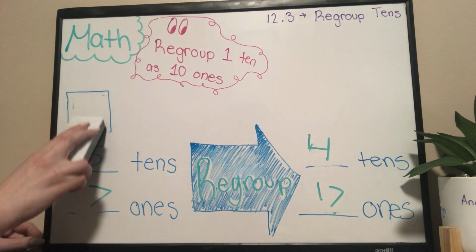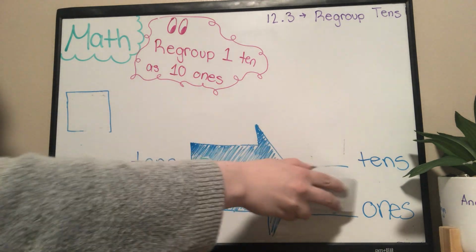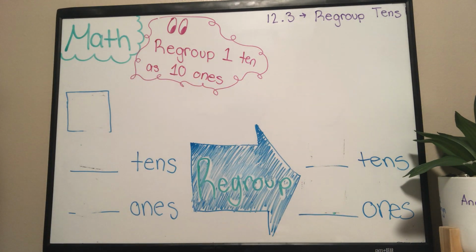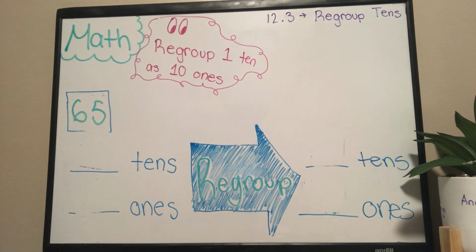Let's do one more together. We did number 1 and we did number 2, and now we're going on to number 3. 65 gives us how many tens and how many ones? How many tens? Awesome.